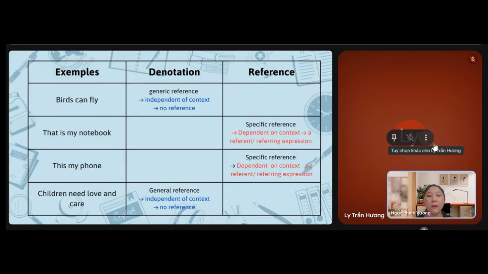"Children need love and care": this is denotation, general reference, because it is independent of context, no specific reference.